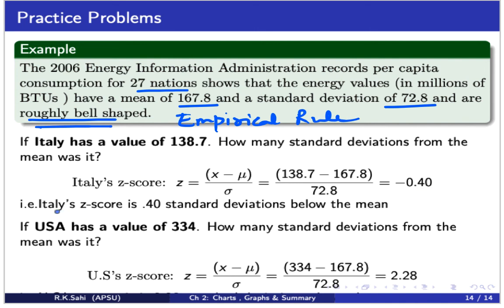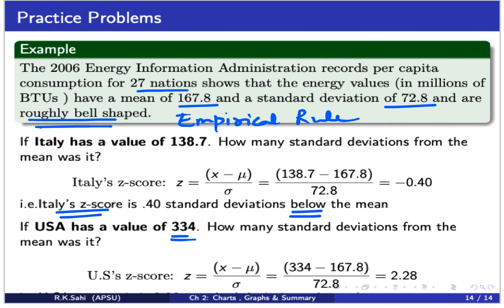So Italy is 0.4 standard deviations below the mean. Whereas if the US has a value of 334, how many standard deviations from the mean is it? The US z-score is 334 minus 167.8 divided by 72.8, which is 2.28 standard deviations above, or to the right of, the mean.